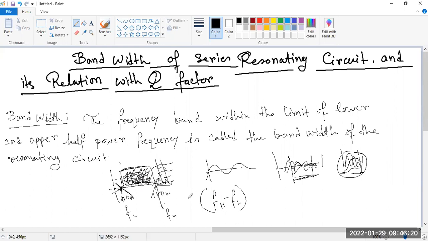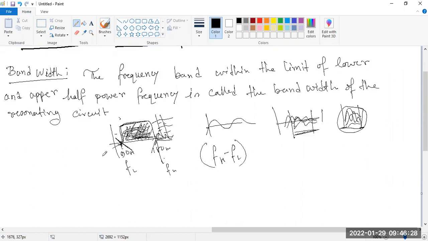Okay, in your DSP or digital signal processing, and there are also filters for electrical networks, which give you the concept of band, and when it filters, the unwanted signal will be filtered out. This portion will be filtered out. So there are some filters.